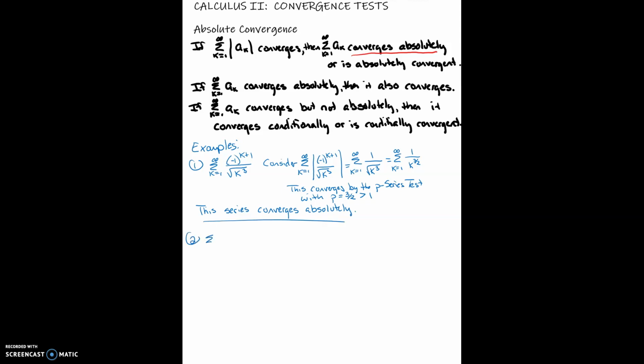Let's take a look at the series where k goes from 1 to infinity of the sine of k over k cubed. To determine absolute convergence, I want to consider the series where we take the absolute value of those terms.